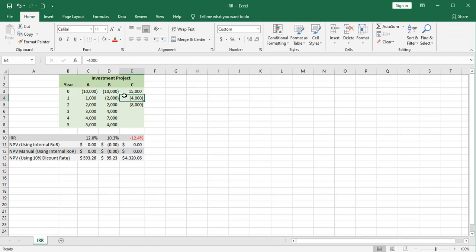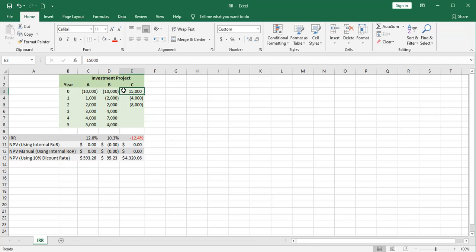But if you just look at this, you can tell it's the wrong solution. It is a solution that works, and this net present value proves that, but this is the wrong solution. If I receive $15,000 up front and I only have to pay out $12,000 over the next 2 years, I've got to have a positive internal rate of return. So this is one of the shortcomings of the IRR function.